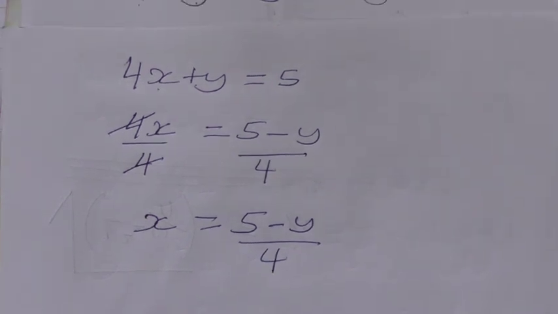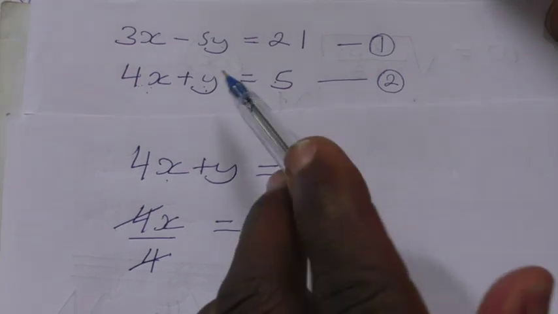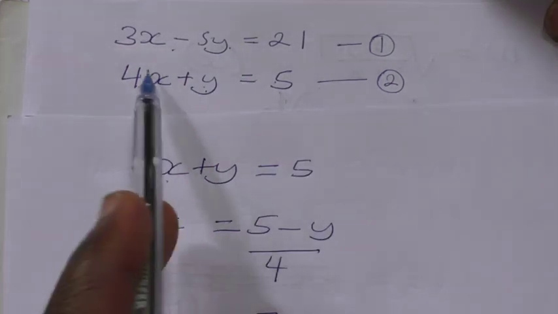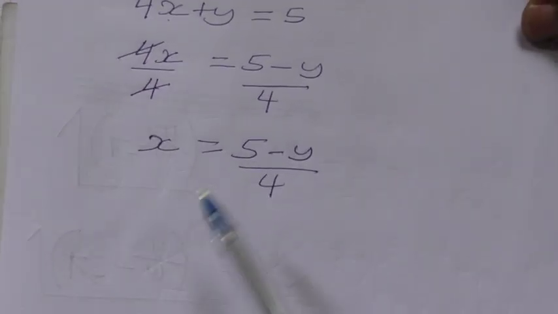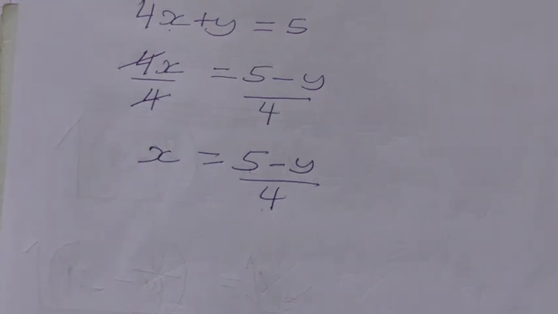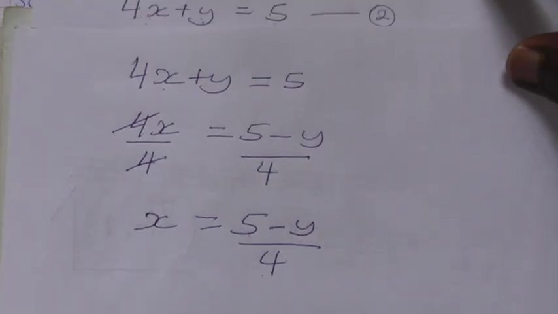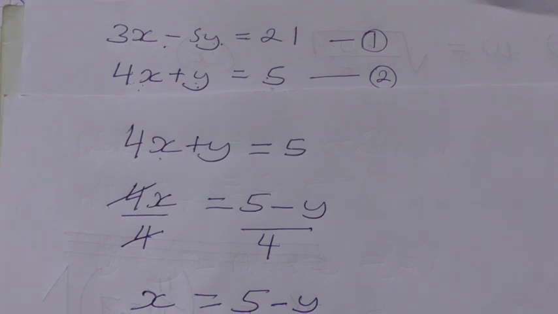Now if I'm to substitute in the first equation, where there is x I will write 5 minus y over 4, which is a bit difficult for some of us to deal with because of the fractions, and that's why I made y the subject.